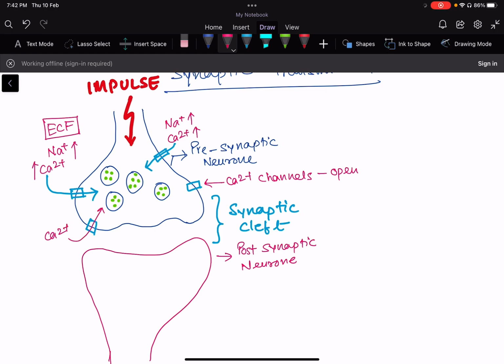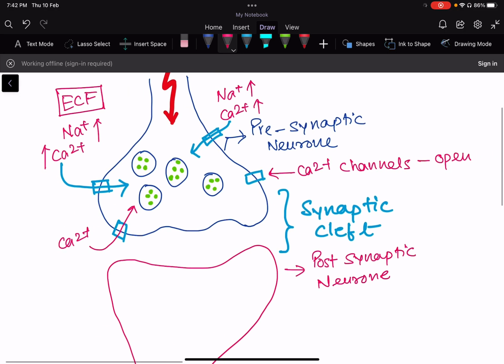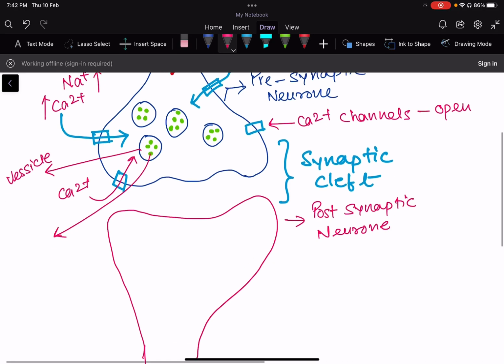When this calcium ion enters, a reaction happens between these vesicles and this membrane. These are vesicles, right? And these green colored things are neurotransmitters.